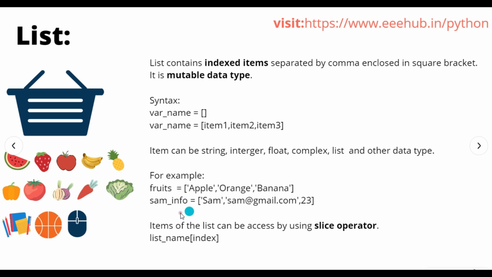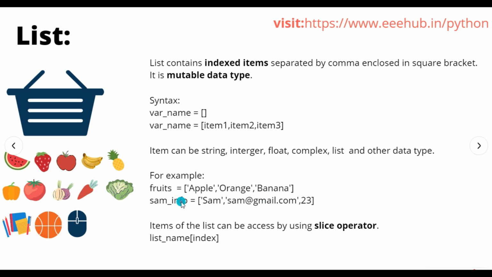This list contains the information about Sam: the name of the person, that is Sam, the email ID of that person, and the age of this person. So this variable sam_info is holding different data types. It is holding string data type also and integer also.